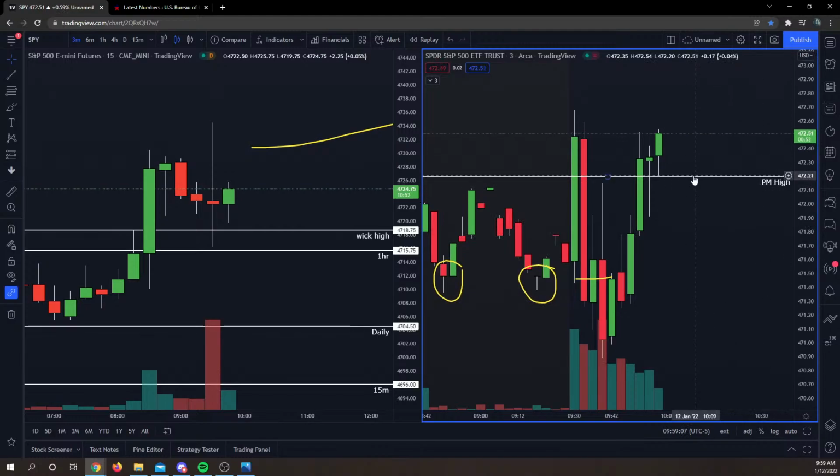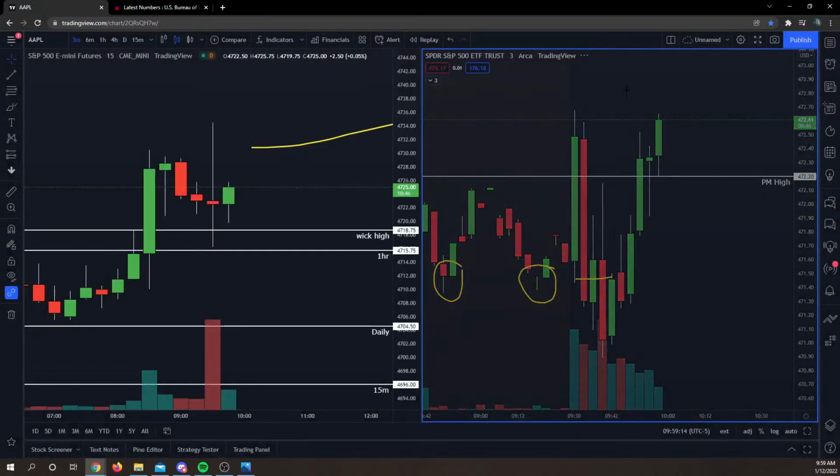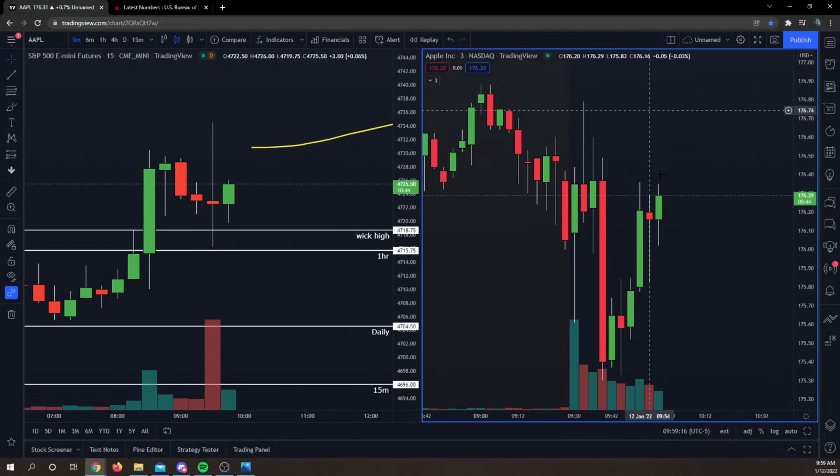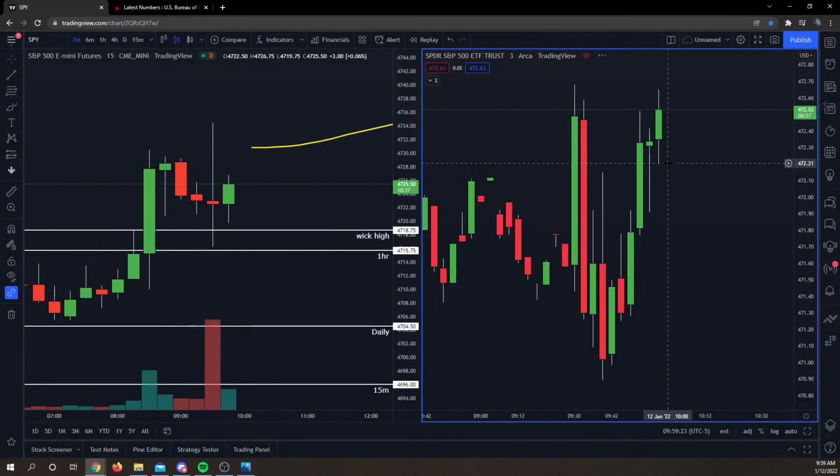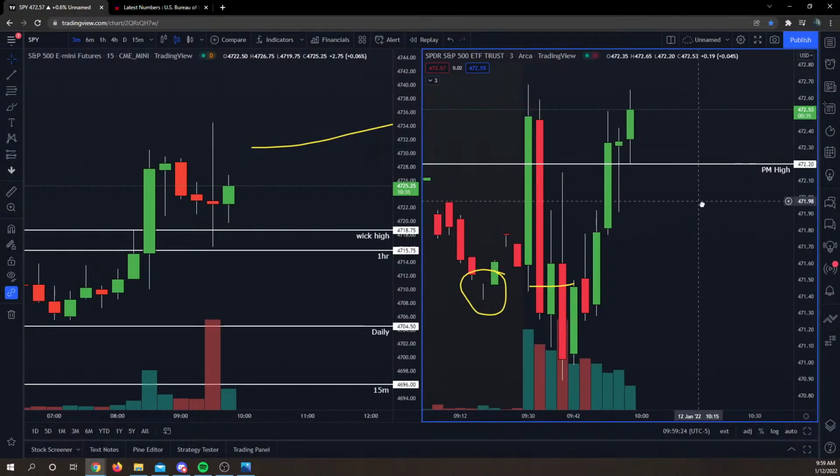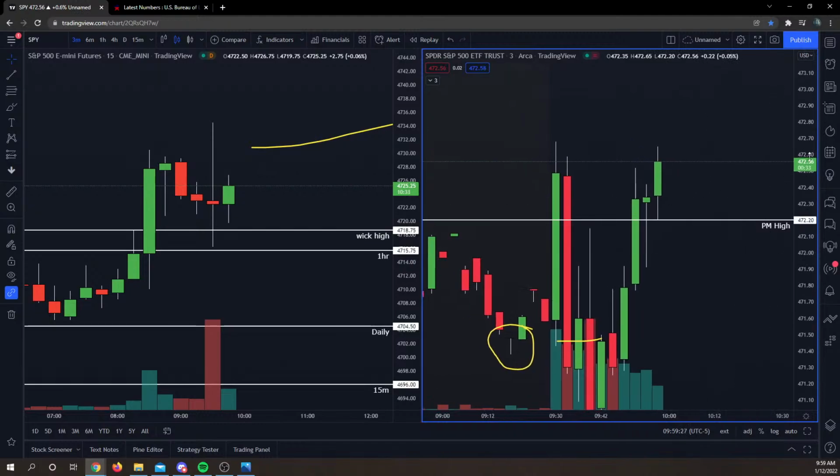Now it looks like this wick came all the way down to 472.20. Seeing how SPY's pushing right now, Apple must be doing a little bit of something. There we go. We haven't pushed over our 176.37 quite yet, so we haven't made a new high of day just yet.